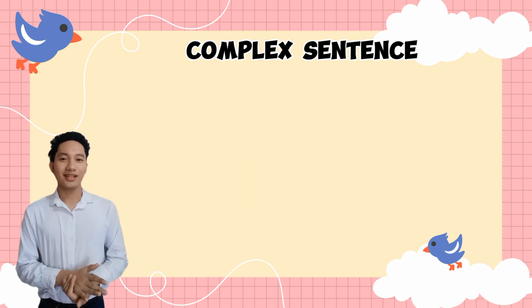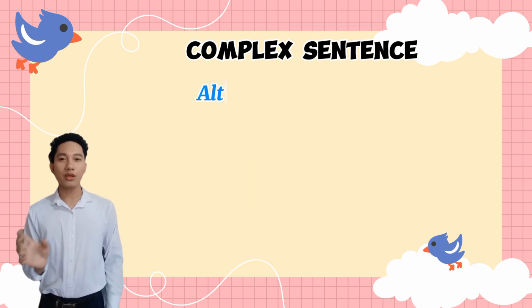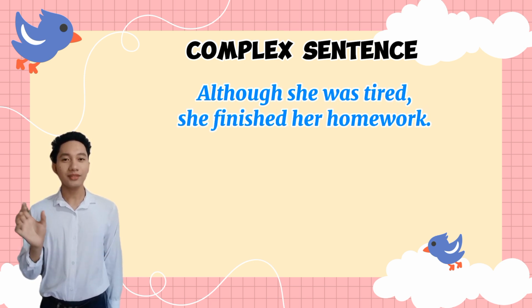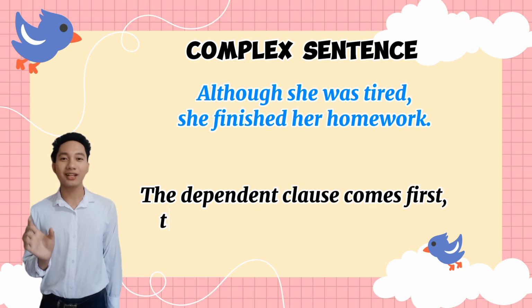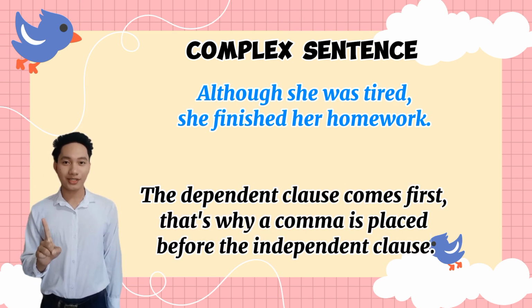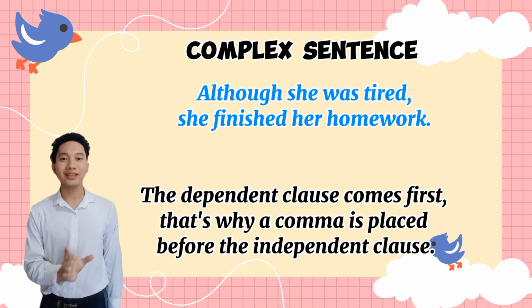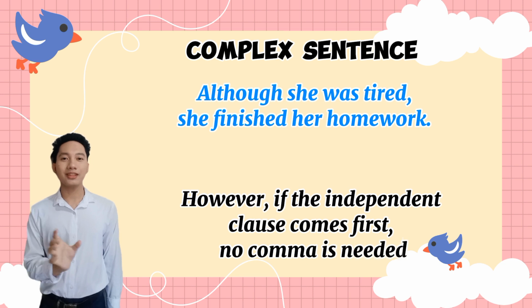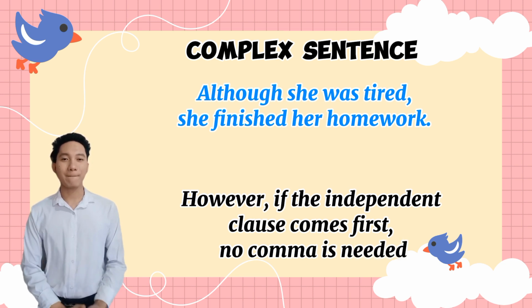So let's have an example: Although she was tired, she finished her homework. So in this sentence, the dependent clause comes first. That's why a comma is placed before the independent clause. However, if the independent clause comes first, no comma is needed.